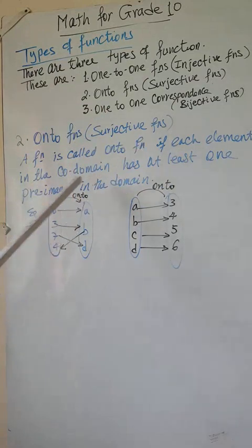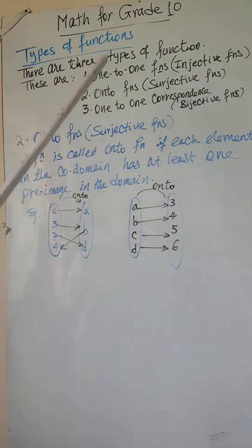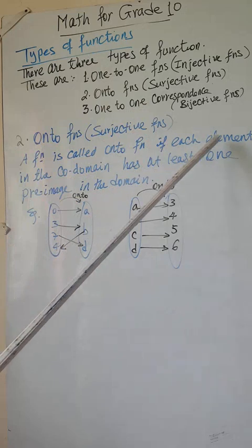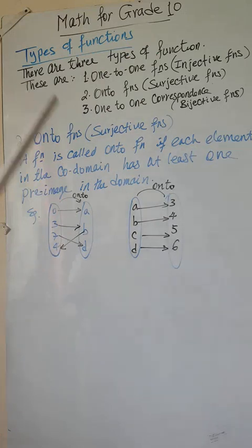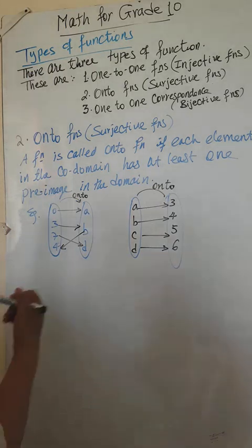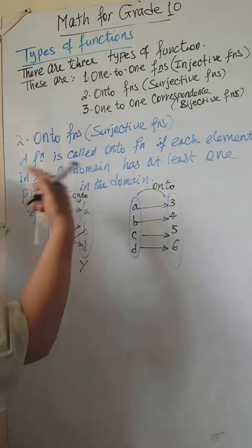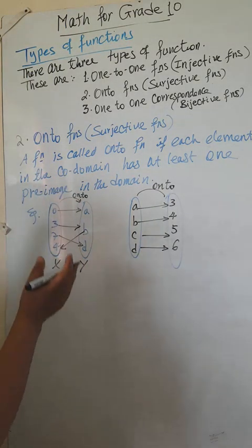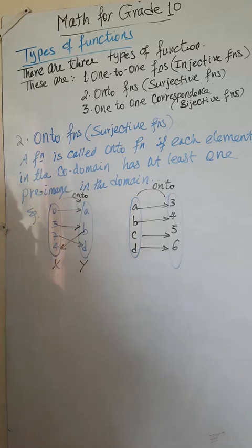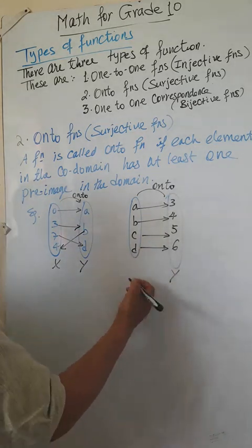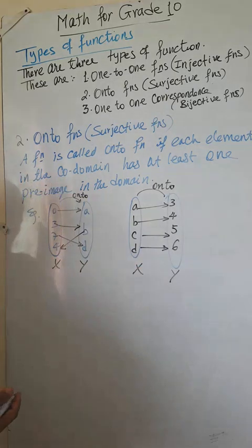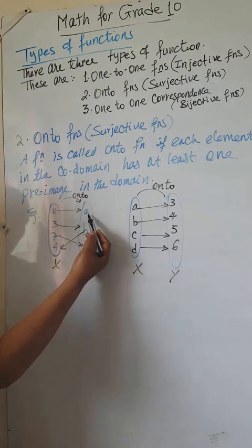Onto functions, or surjective functions. A function is called an onto function if each element in the codomain has at least one preimage in the domain. That means if the elements on the Y side each have at least one image in X, in the domain, the function is said to be onto. For example, here we have a, b, d.